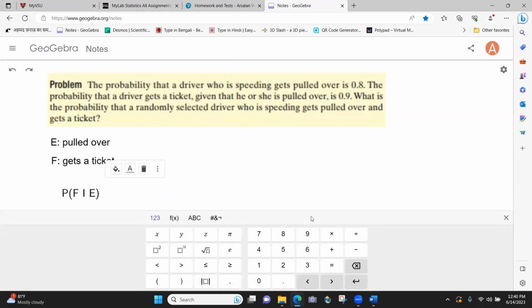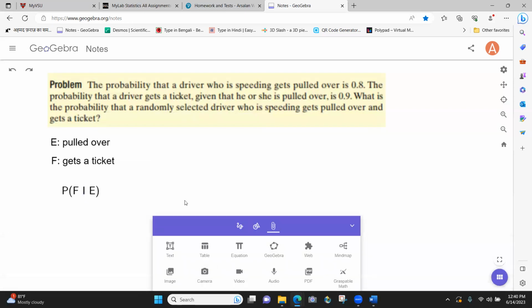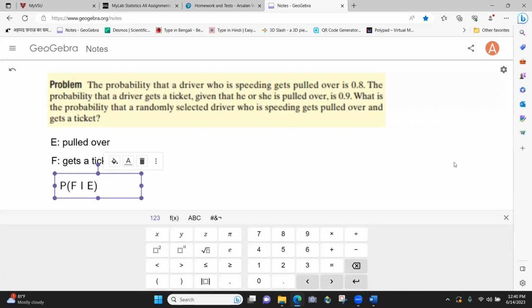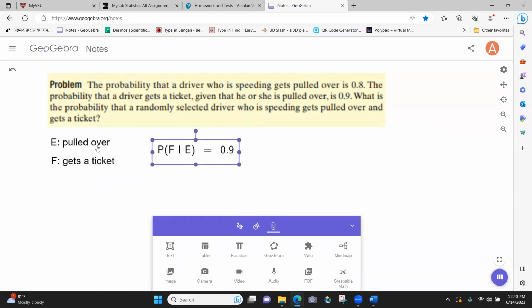This vertical line means "given that," so make sure you understand this is not F phi E. This is equal to 0.9. This is given. They're telling you this probability. Once you define E and F, they're telling you that the probability you're going to get a ticket, given that you're pulled over, is 0.9, which is very high, which kind of makes sense.